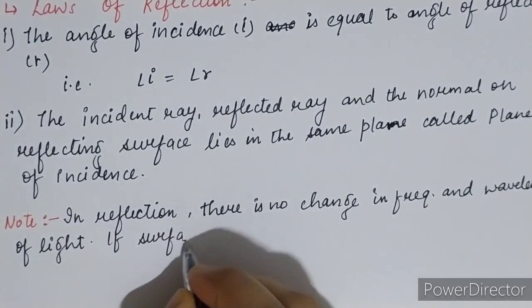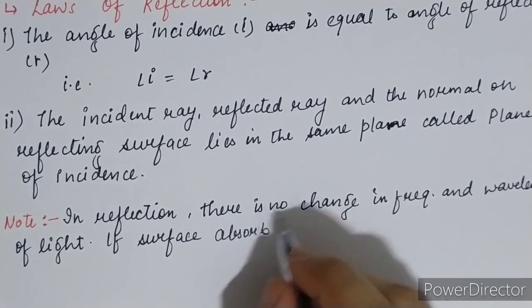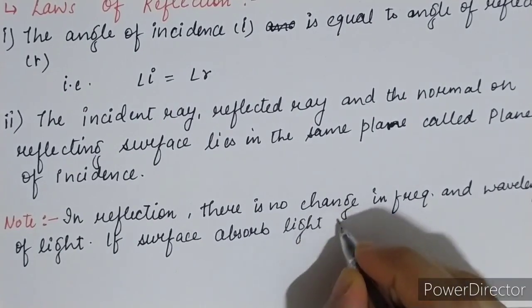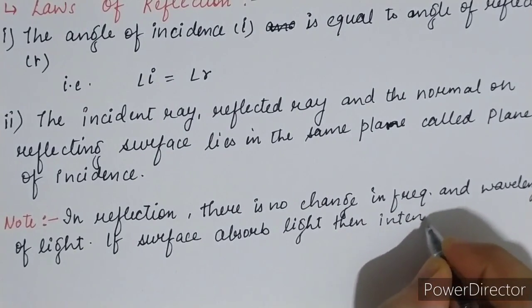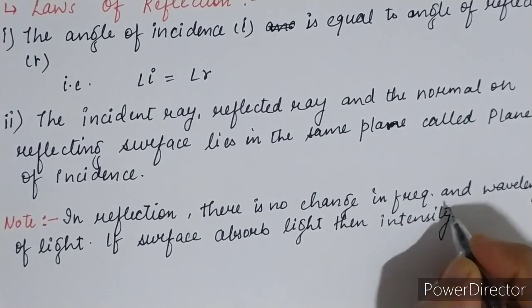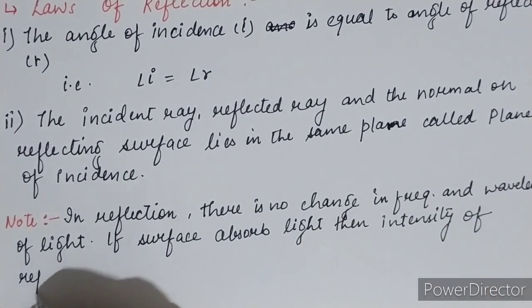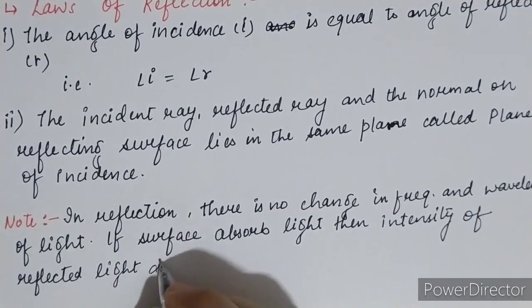If the surface absorbs light, then the intensity of the reflected light decreases.